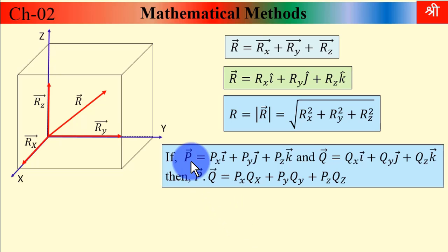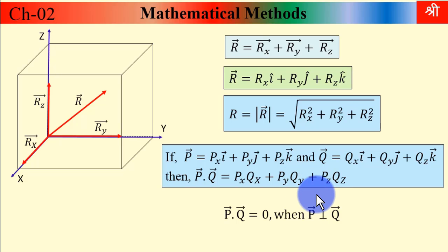If vector p and vector q are two vectors such that vector p equal to px i plus py j plus pz k and vector q equal to qx i plus qy j plus qz k, then their dot product vector p dot vector q is given by px qx plus py qy plus pz qz.